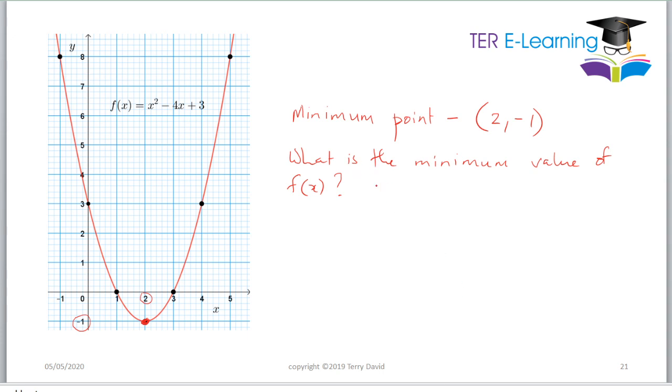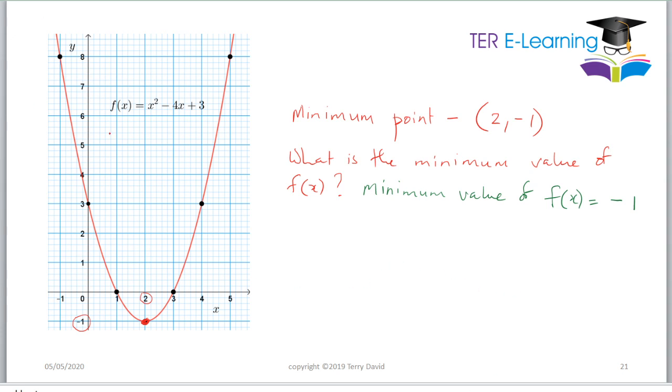So the answer is, the minimum value of f of x is simply equal to -1. The answer is -1, right? That is the minimum value of f of x, right?